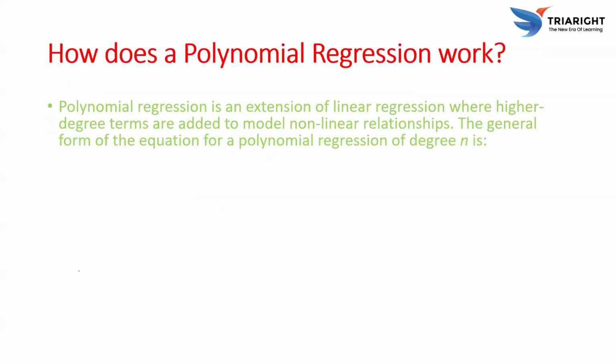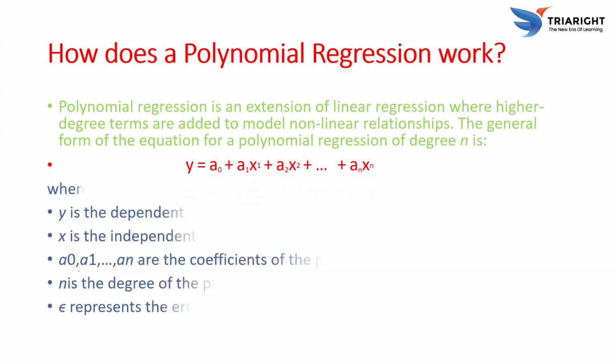Same like that, polynomial regression is an extension of linear regression where higher degree terms are added to model non-linear relationships. This is the general form of the polynomial regression equation: y equals a0 plus a1 x to the power of 1 plus a2 x to the power of 2, up to the nth term, a n x to the power of n.